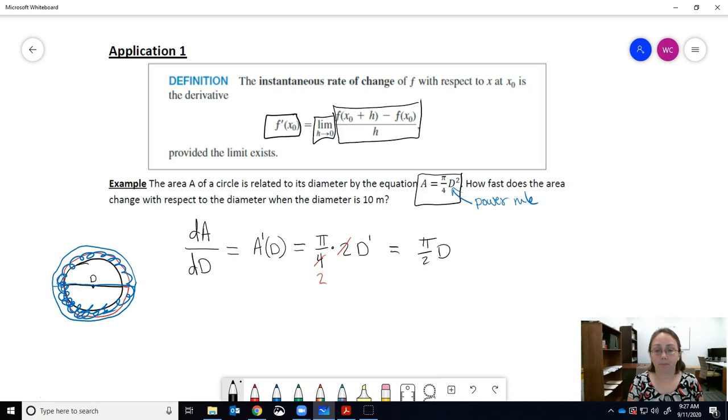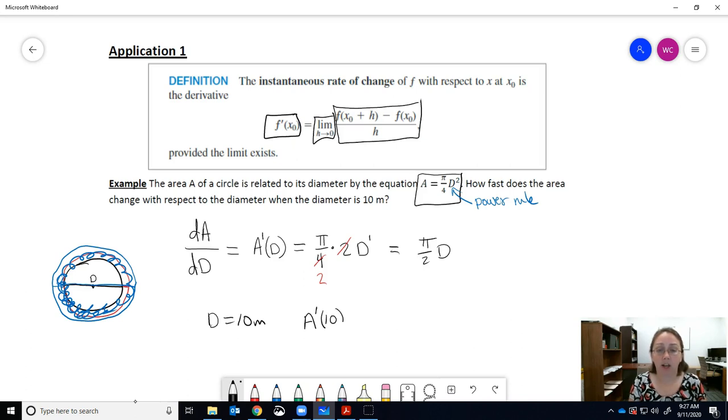What does this mean? Well, how fast does the area change with respect to the diameter? If the diameter is at 10 meters, so d is 10 meters, how much will the area change by? If the diameter changes just a little bit, at what rate is the area correspondingly changing?